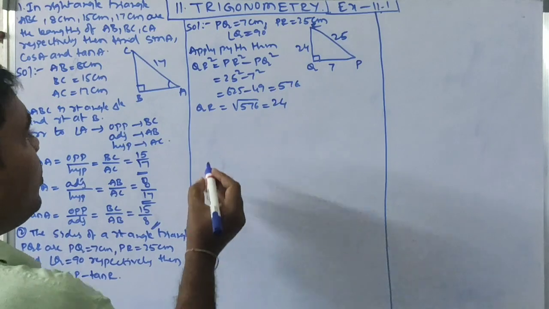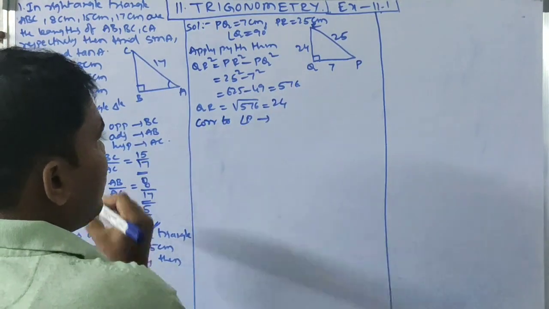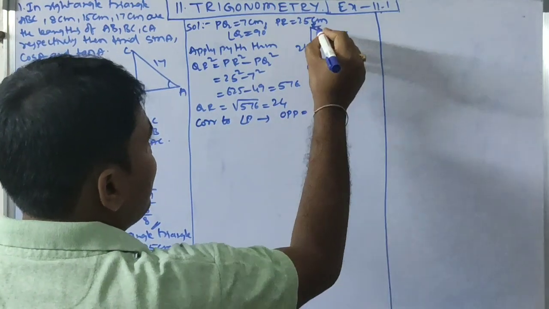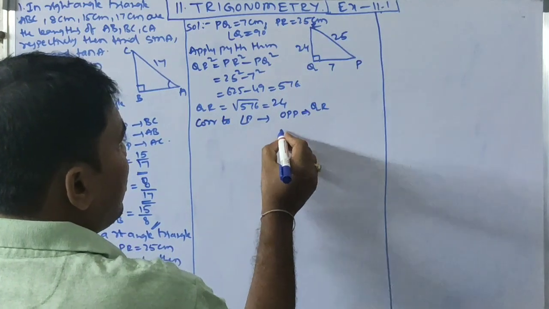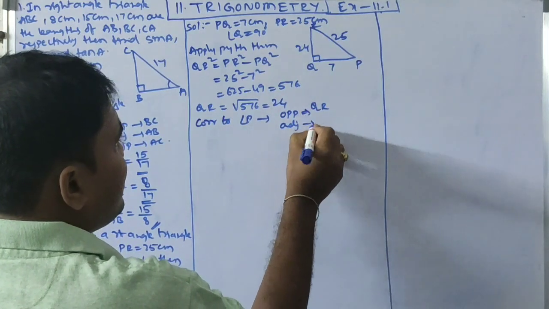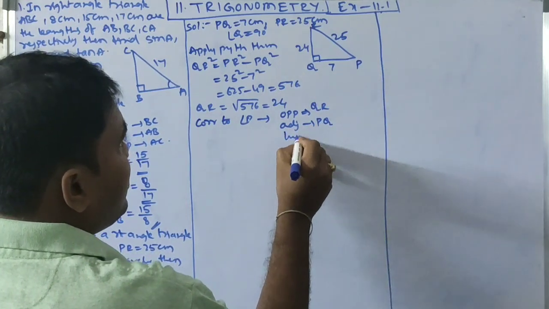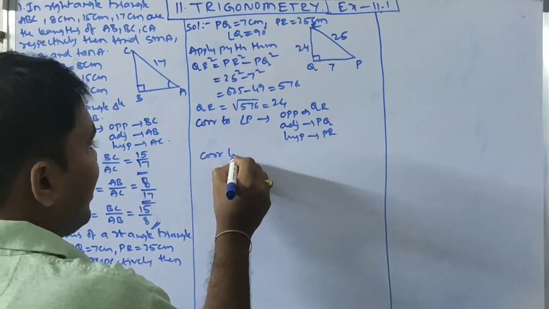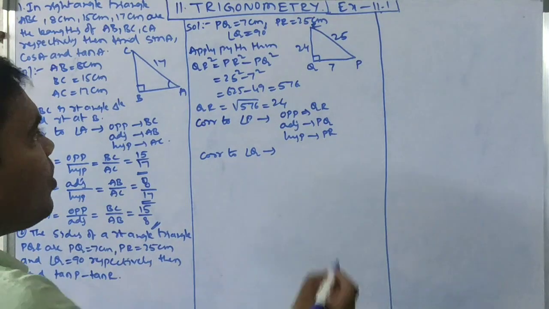So corresponding to angle P, opposite side is QR, adjacent side is PQ, hypotenuse is PR.